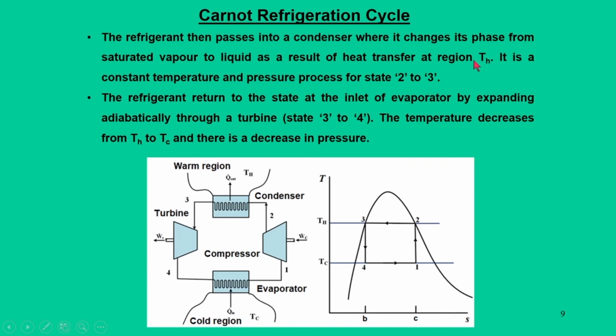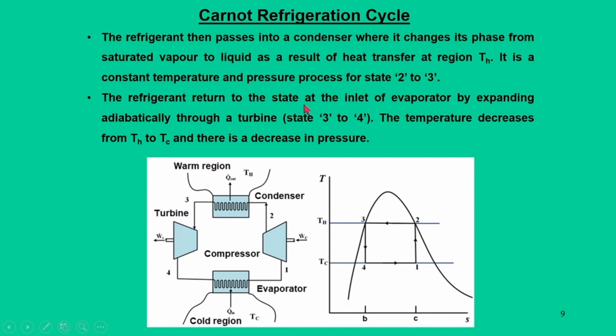That means constant temperature heat transfer in the condenser, and this process is denoted as the 2-3 process, where the temperature as well as pressure remain constant.